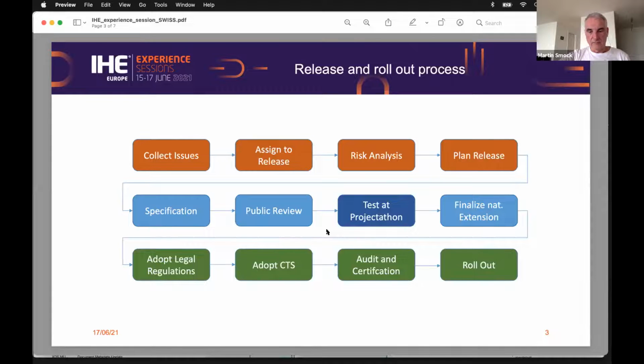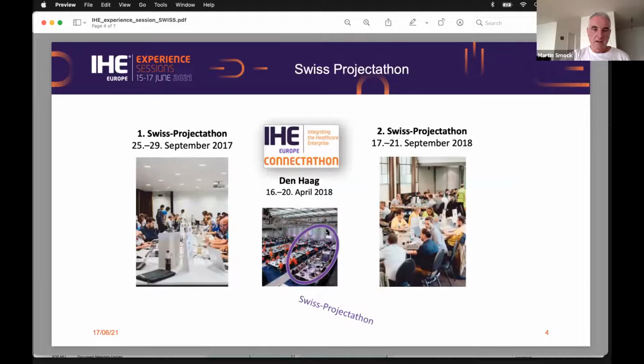It's a very good climate to solve interoperability problems and to improve the specifications. We opened up issues which resulted in change proposals for the underlying IHE profiles, and so on. So it is a very important part in the overall release and rollout process for our national health record.